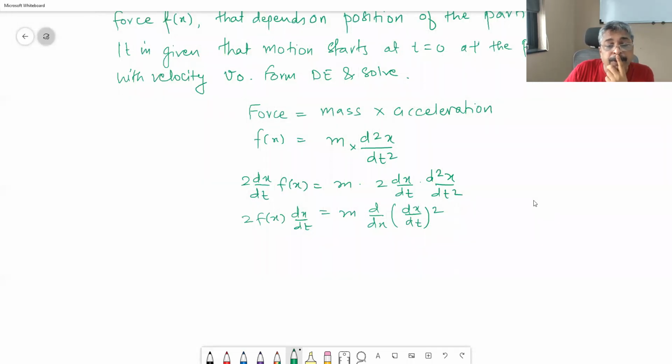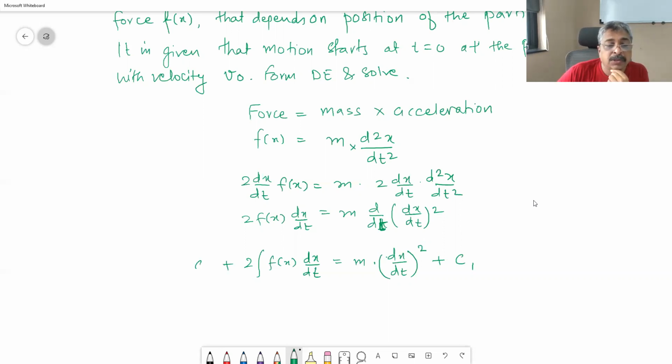And if we integrate, then we will have 2 integral f of x dx by dt is equal to m into (dx by dt) bracket square plus c1.